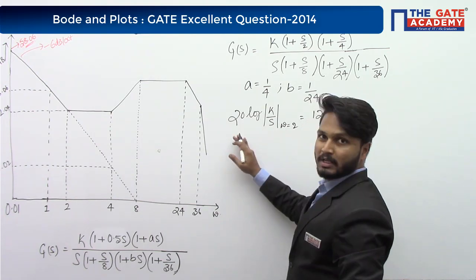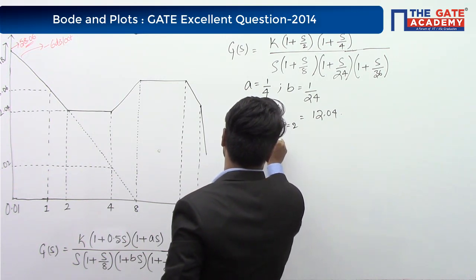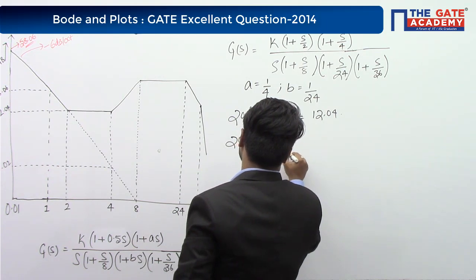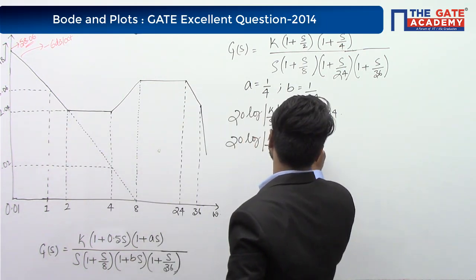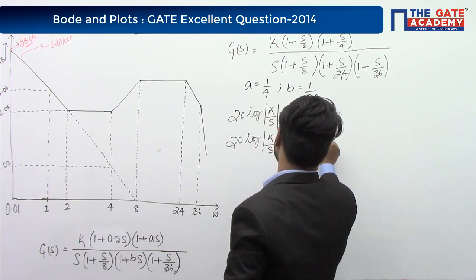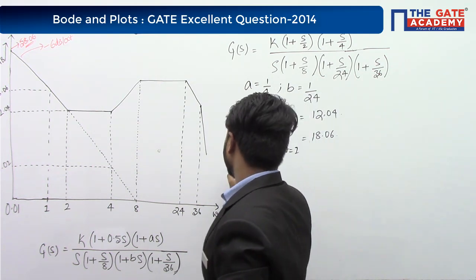By simplifying this, you can get the value of K. 20 log modulus of K by S at omega is equal to 18.06. Sorry, omega is equal to 1. Equating this to 18.06, you can get the value of K.